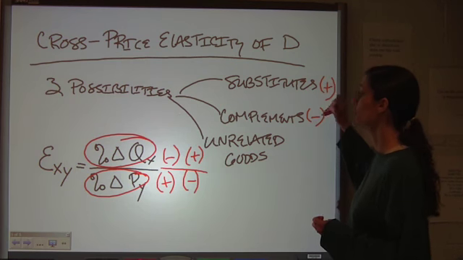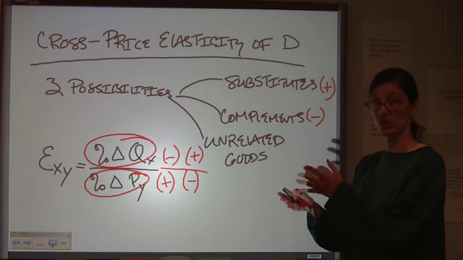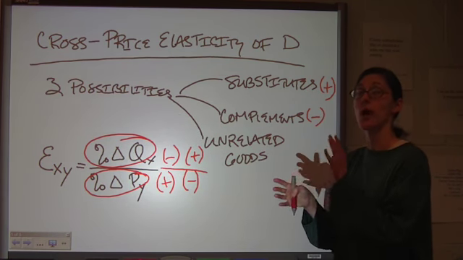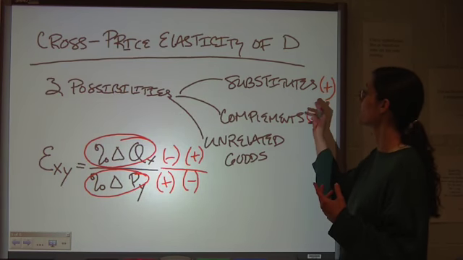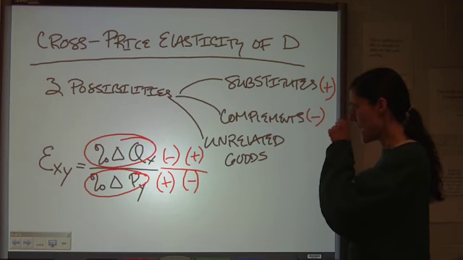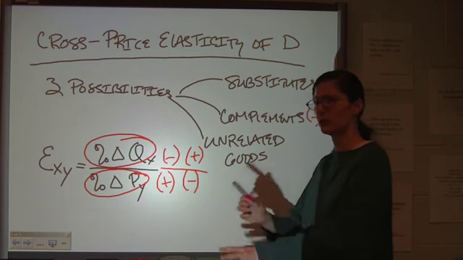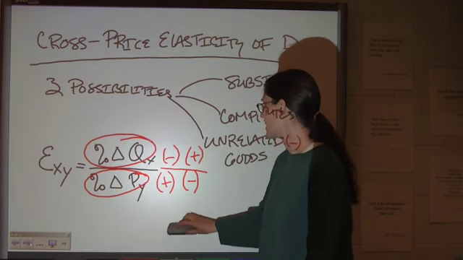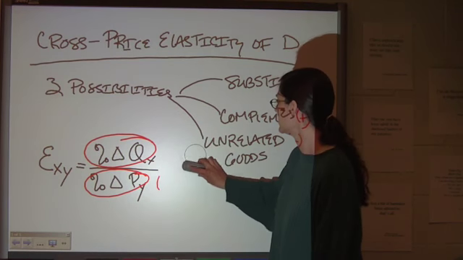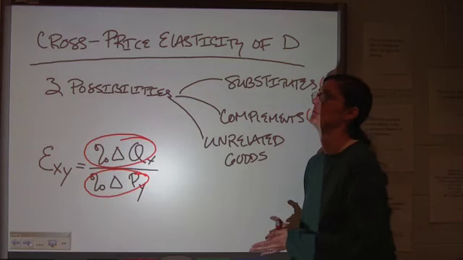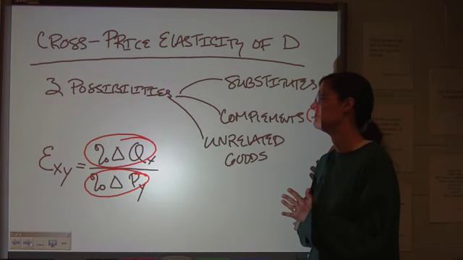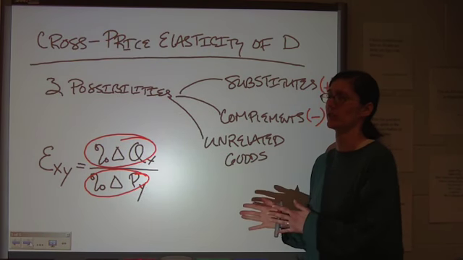And it has to do with those relationships that you already learned as determinants of demand, with goods being interchangeable or goods going together. Now, what if they're two completely unrelated goods? You know, maybe you're talking about dog leashes and false eyelashes.